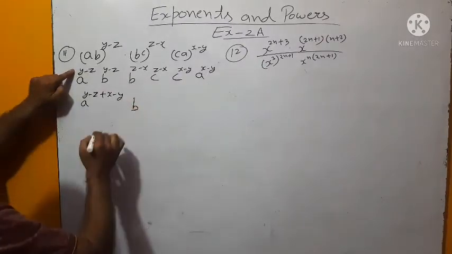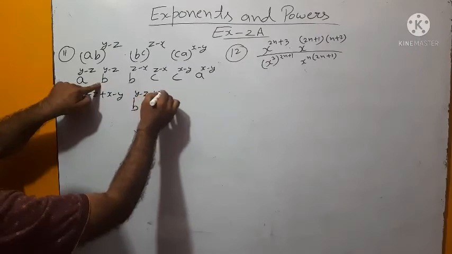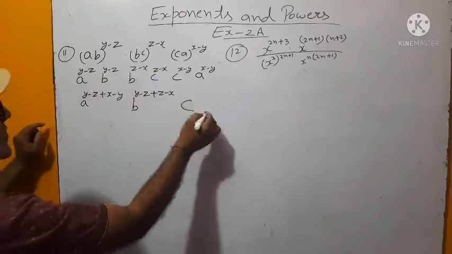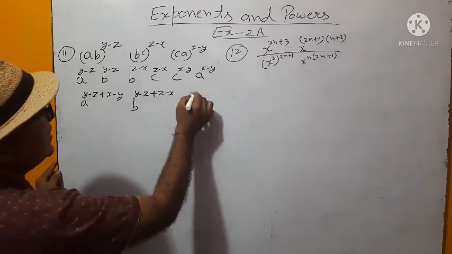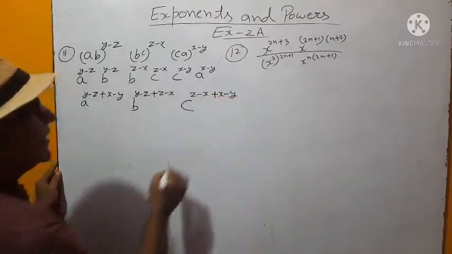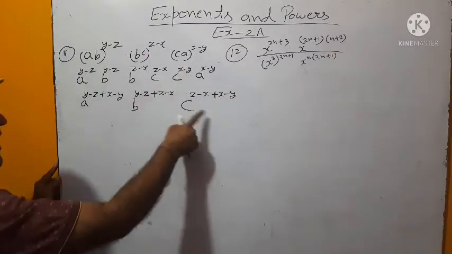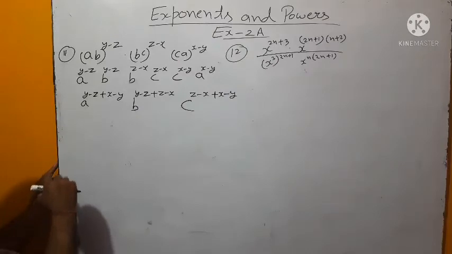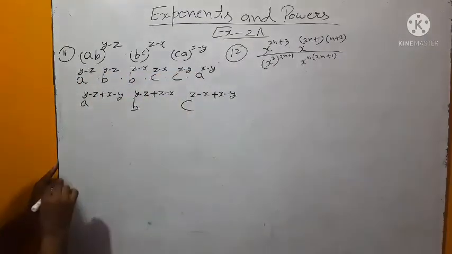Do the same for b also: b power y minus z plus z minus x. C power z minus x into c power x minus y: z minus x plus x minus y. Because bases are same, exponents will be added in the case of multiplication, and here all the terms are multiplied to each other.